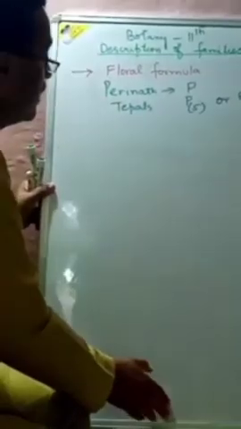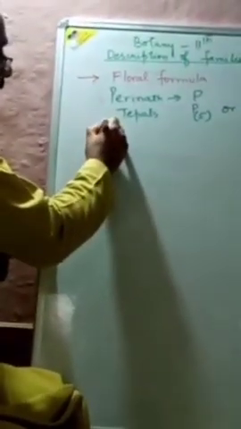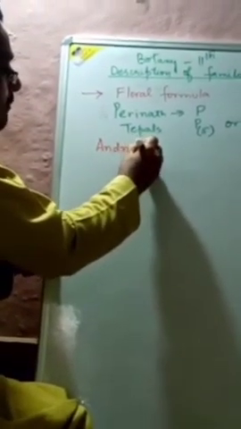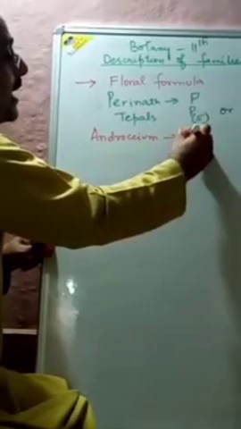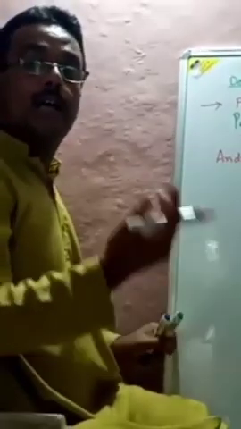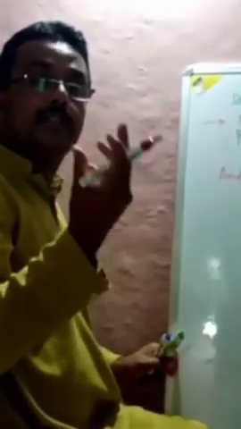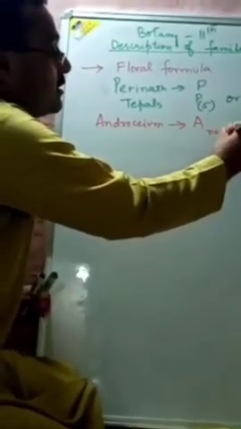Now, androecium. Androecium, that is the male reproductive organ. It is written as A. Same procedure, number of stamens, whether it is 1, 2, 3, 4, the number of stamens.